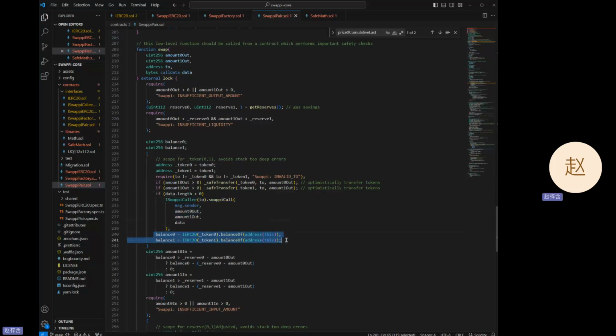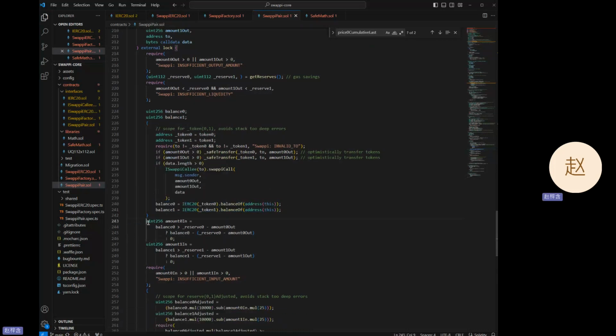And then we check the latest balance. Here we'll check the amount in. The amount in is easy: just check the current balance and compare it with the remaining amount after what goes out.